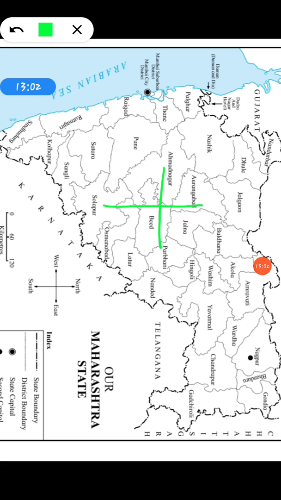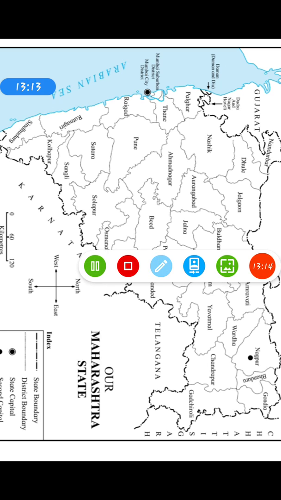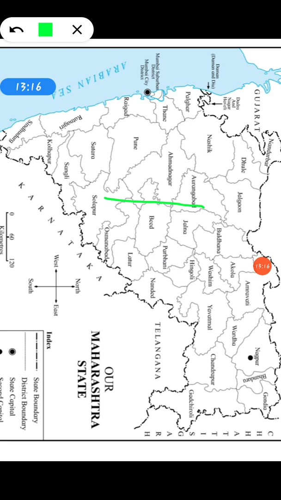So which districts come to the east? We place it at the center. Okay, center the rose. So tell me the district of ours, that is Mumbai or Thane. Okay, so it comes to the west.